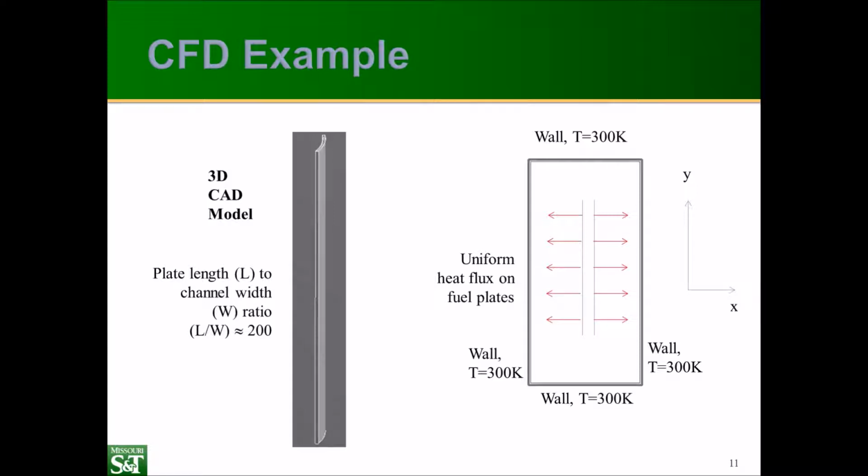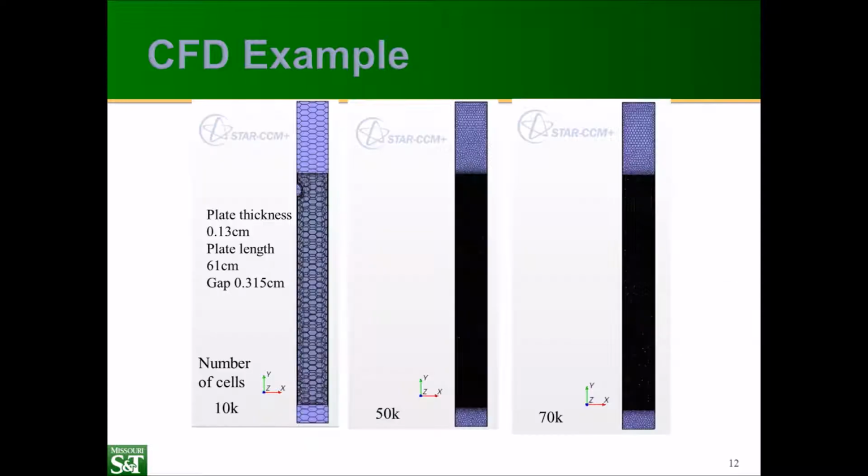And we take one flow channel that exists in between two plates. And they're not exactly parallel plates, they're slightly curved. But the student created this 3D CAD model of one gap between the two plates. And then they basically applied a uniform heat flux, so they added heat to both sides of this flow channel with water in it. And they looked at the natural circulation of the flow.